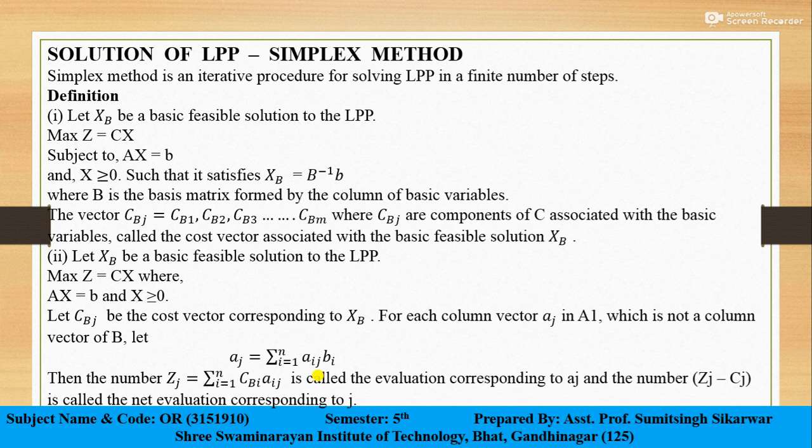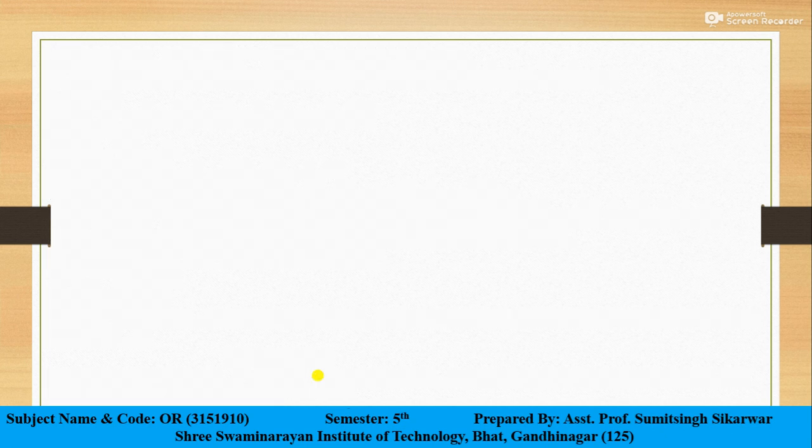It is called the evaluation corresponding to the column aj, and the number zj minus cj is called the net evaluation corresponding to the column j.